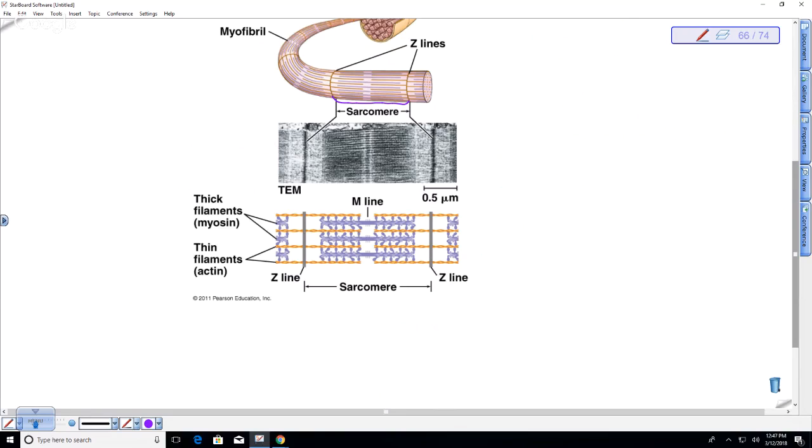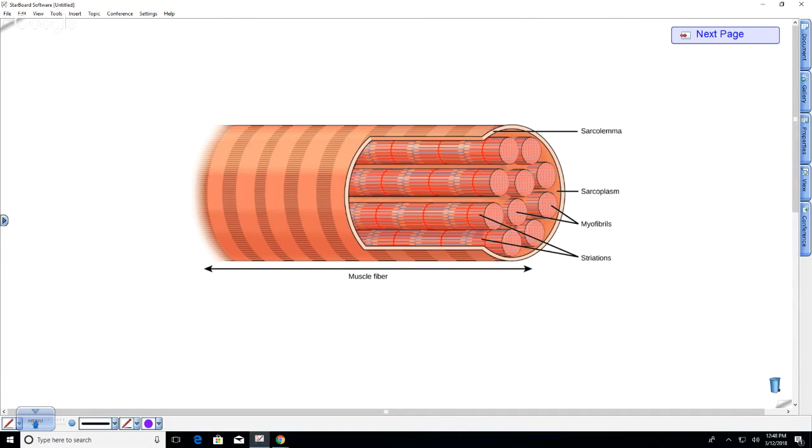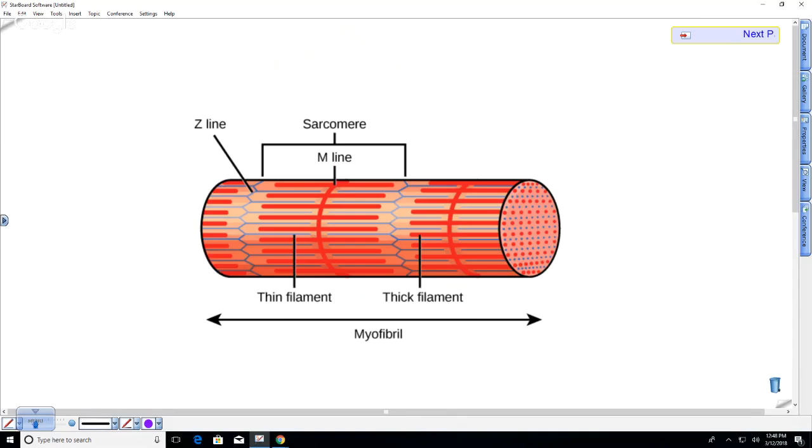Like if you think about trying to move your big back muscles just a little bit with fine motor coordination, you're not capable of doing it, okay? So again, this just shows the myofibrils, the actin and the myosin. And it also shows the sarcomere.